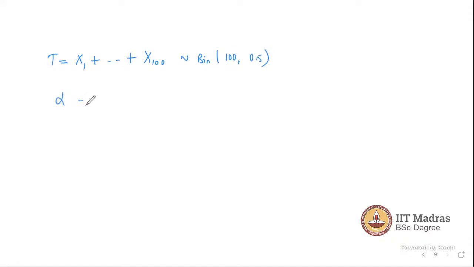So my alpha is that you reject H0 given H0 is true, right? I am rejecting H0 if t is greater than the critical value.